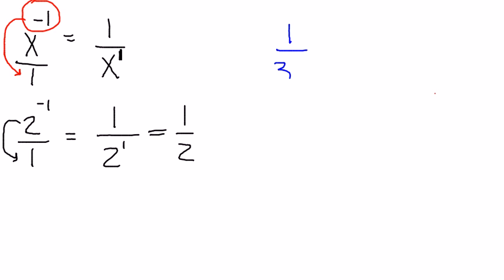Likewise, if you had something like 1 over 3x, and let's say that that's actually raised to the power of negative 3, remember it's the whole entire quantity, so that when you move it up, you actually have 3x, that quantity raised to the third. And of course it's over 1.